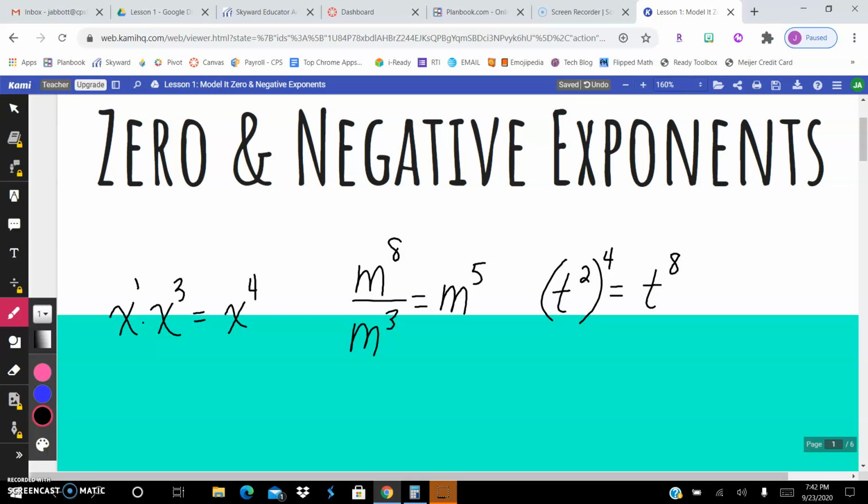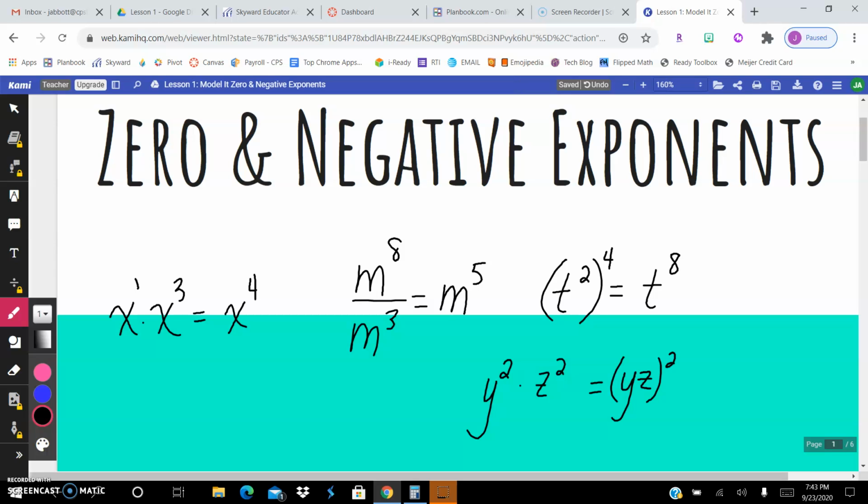And our other one was if we had something with the same exponents but different bases. Let's see, z to the second. We would simply multiply the bases, so y times z would be yz, and then we would keep the exponent of 2.